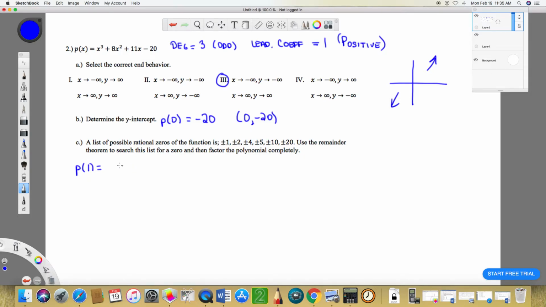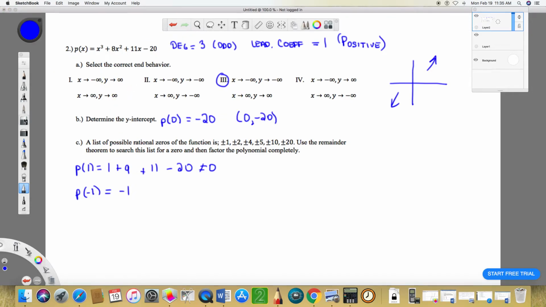So if we plug in 1, we get 1 plus 9 plus 11 minus 20, and that's not equal to 0. What about -1? Oh no, we don't get 9. What?